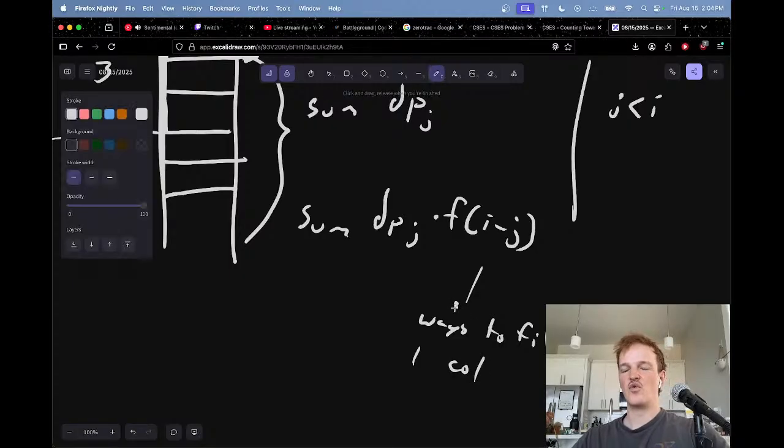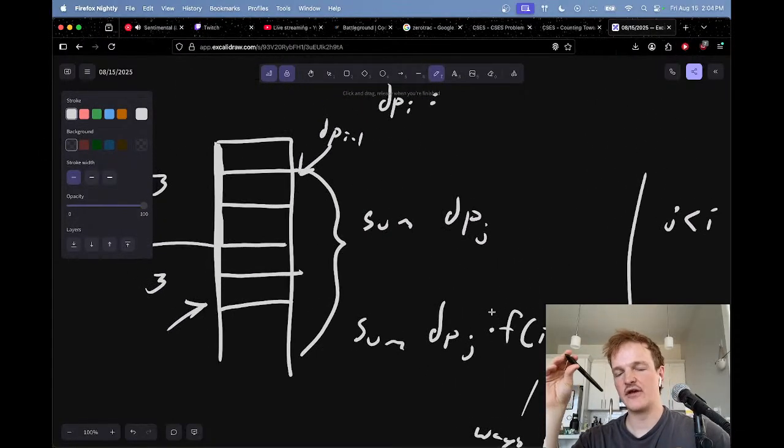And ways to fill one column, I don't think that's as difficult. I mean, obviously it's not. That's just dp at i is going to be equal to every previous sum. So it's sort of like a weird Fibonacci numbers, but with every previous number instead of just the last two.